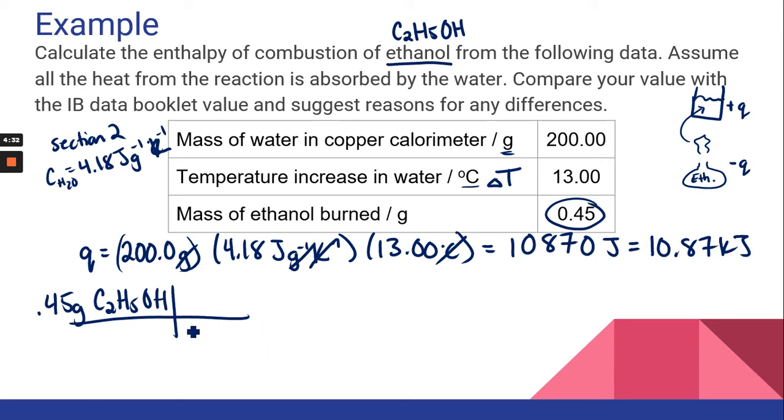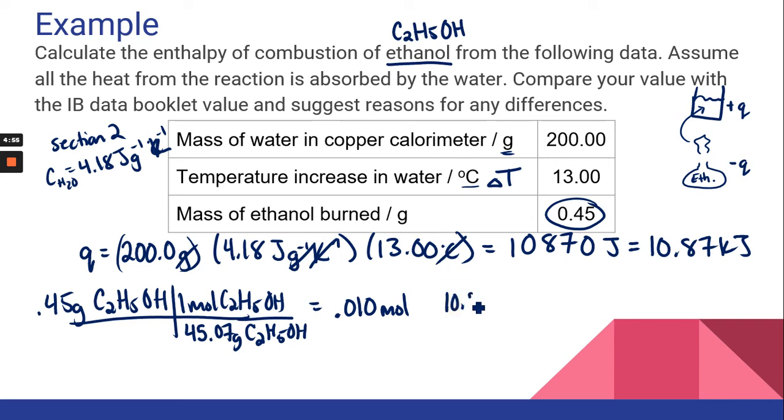So we are going to pull the molar mass of ethanol to the bottom, and we'll put 1 mole on the top. And so we burned 0.01 moles of ethanol. So again, to equate this to what the heat of combustion of ethanol is, we would need to divide.